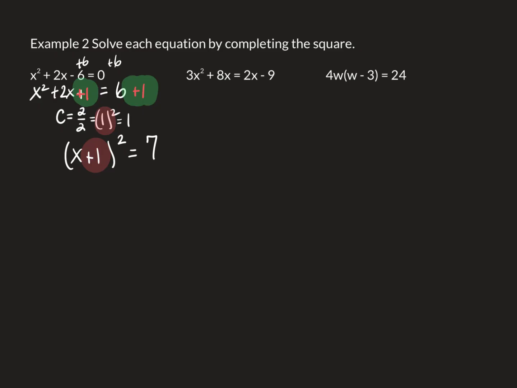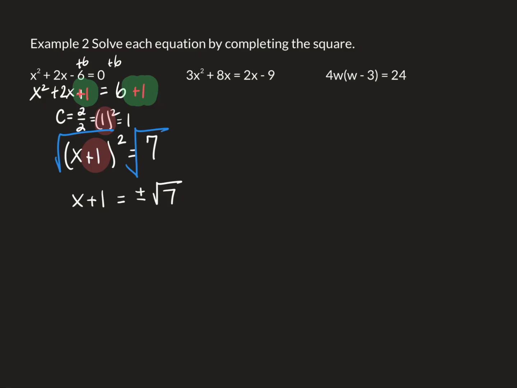So we factored on the left and we simplified on the right. Now I'm going to take the square root of both sides. The square root of the quantity x plus 1 squared is x plus 1 equals plus or minus the square root of 7.